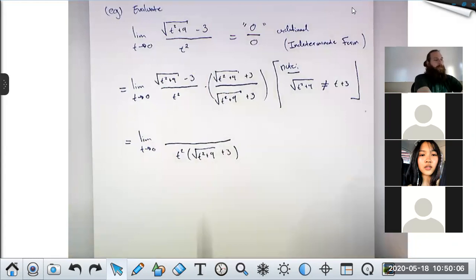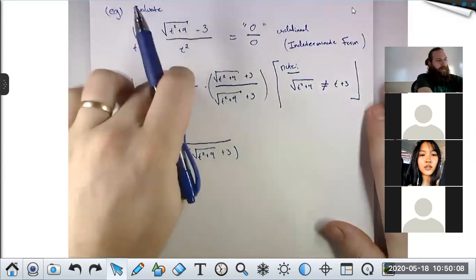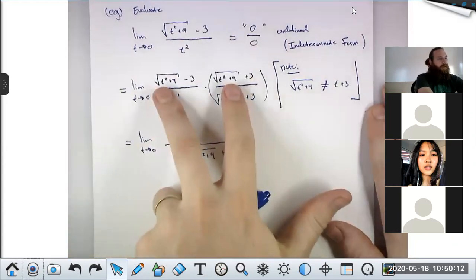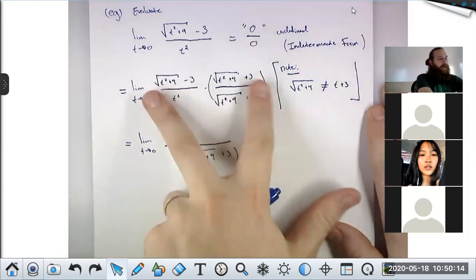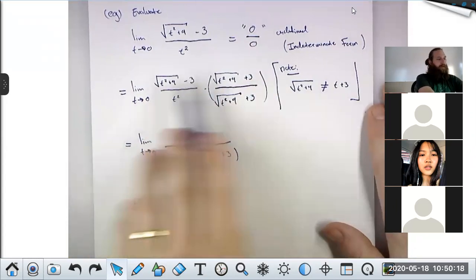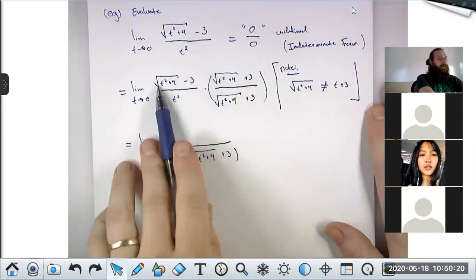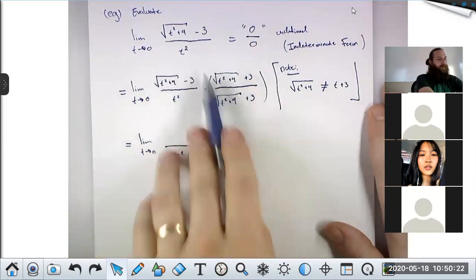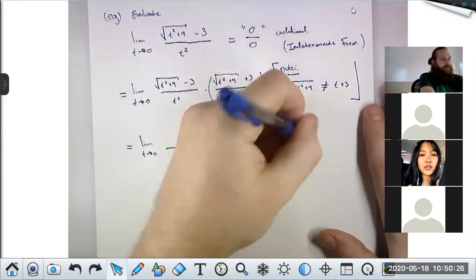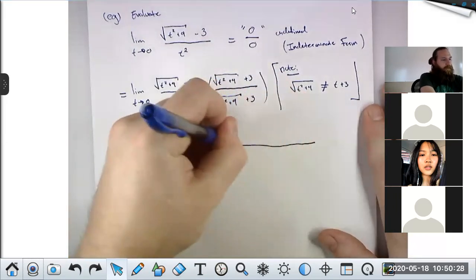Upstairs, I'll have to FOIL. I think of this as these two big square roots. These are my firsts. These are my inners. These are my outers. These are my lasts. So when I multiply my firsts, I have the square root of t squared plus 9 times the square root of t squared plus 9. So I guess I'll just once write all this out in its gory detail.